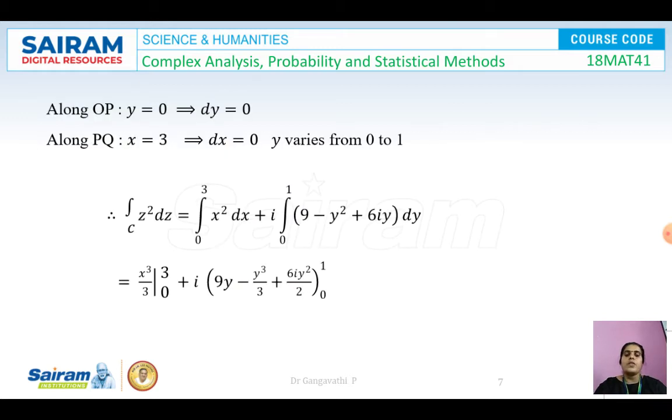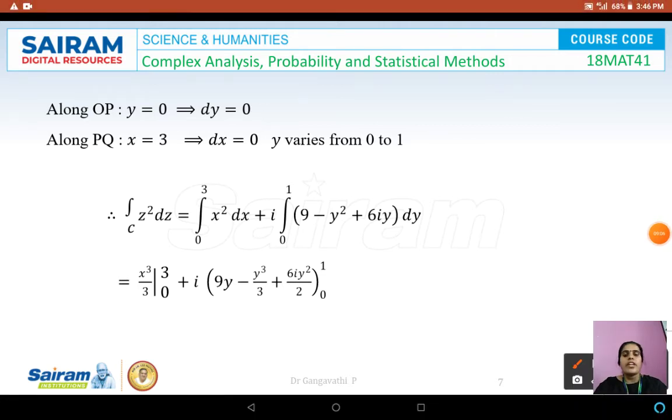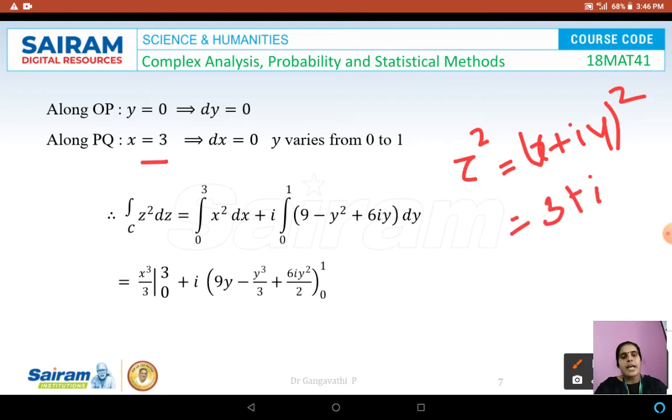So x equal to 3, z is x plus iy, and x equal to 3 we have to substitute. So I'll show you that. Actually the expression is z square. Z square is nothing but x plus iy whole square. So we have considered the line segment x equal to 3. Let us substitute 3 plus iy whole square.